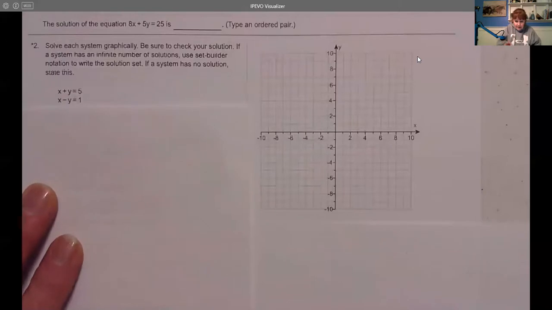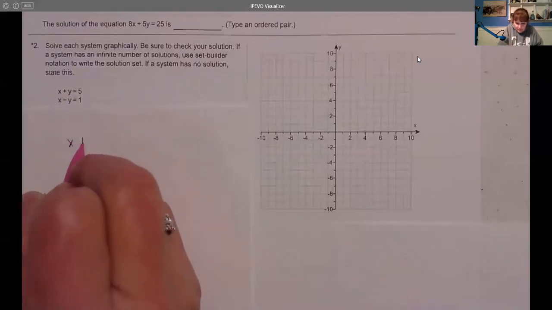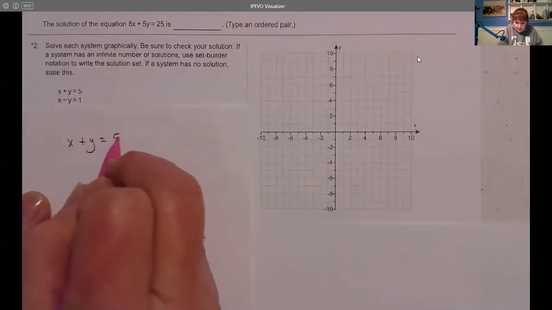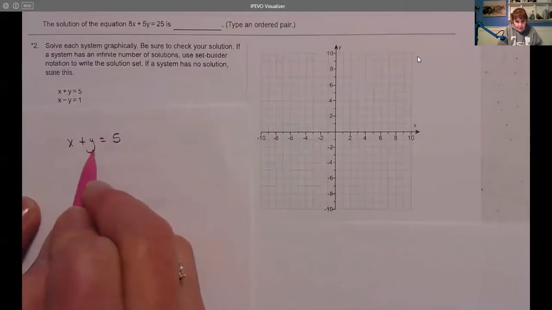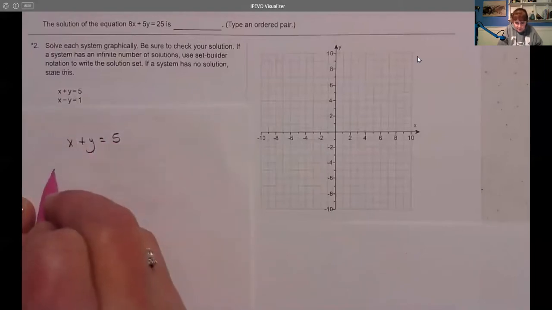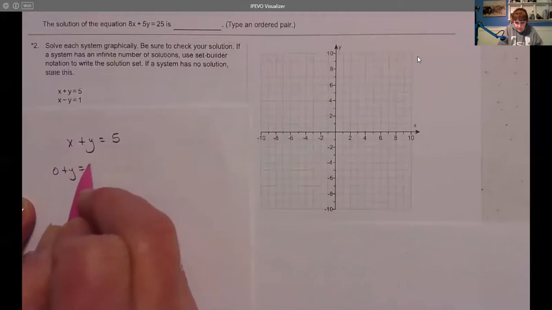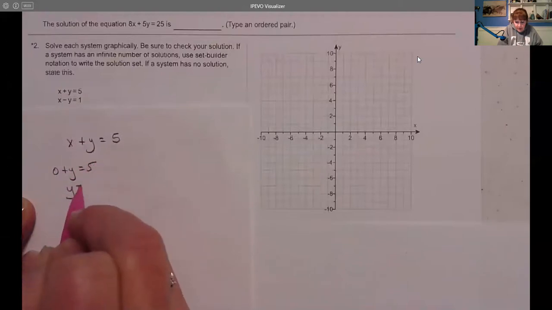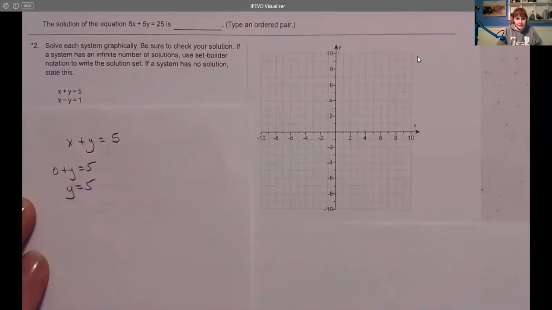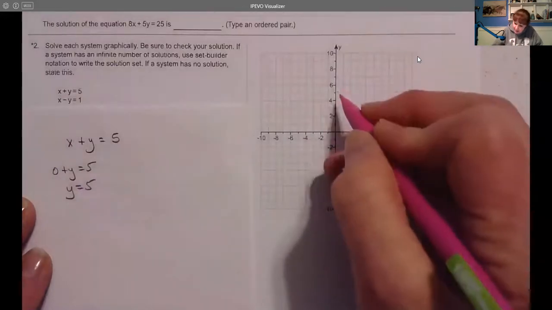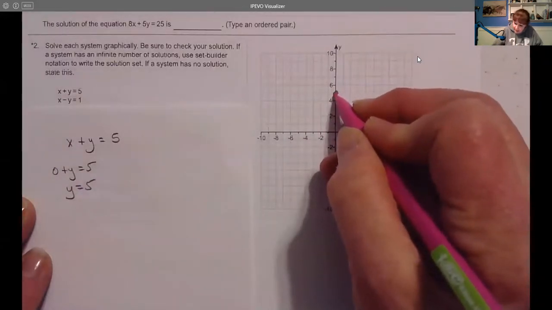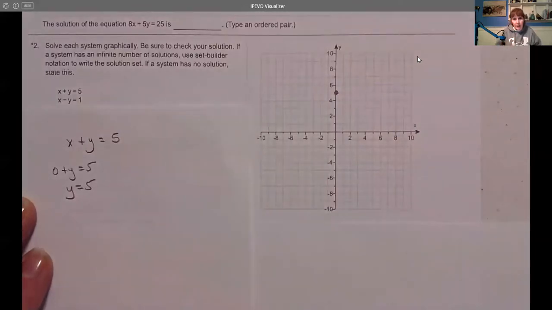We've got x plus y equals 5. To find the y-intercept, x is 0. So it's going to hit at y equals 5. I'm going to go to the y-axis and put a point on the 5.